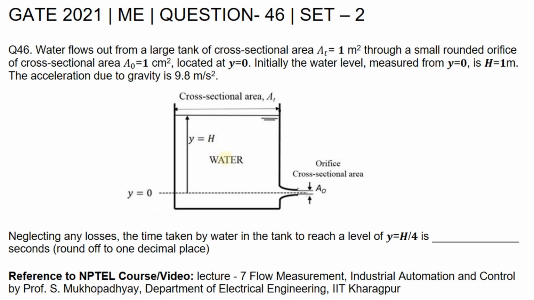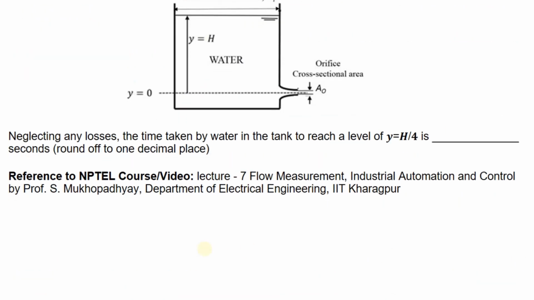Now from the conservation of mass, we have to understand that whatever amount of water is going out from this orifice must be equal to the rate of change of the water in this tank, right? So we can write the change of mass of water inside the tank, m subscript t, with respect to time, should be equal to the initial mass flow rate minus the final mass flow rate of water in the tank.